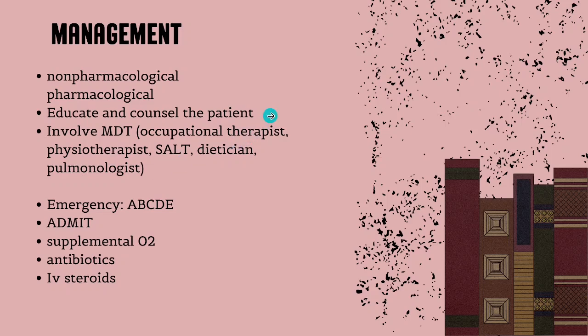So let's suppose they ask you, there's a scenario in the long case about maybe drug resistant rheumatoid arthritis. The patient has tried multiple drugs and they're not responding well to treatment, and they ask the management plan.